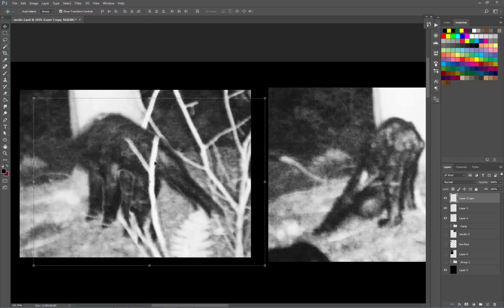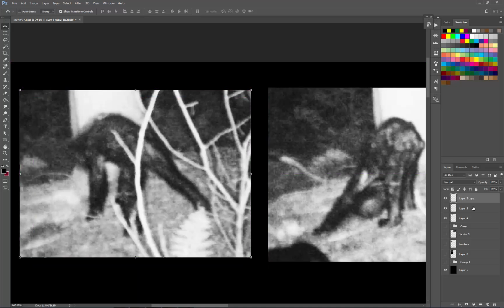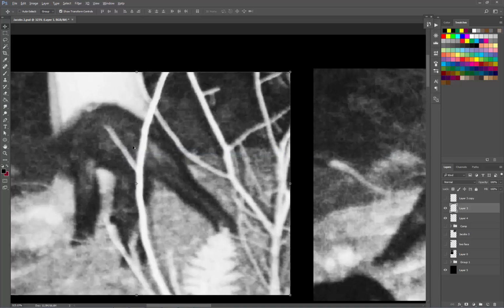So again, I've isolated this. I can click off and on here. You can see it's not much difference. It's no manipulation or anything. I'll show you in a second why I've done this. So it's off at the moment, you can't see that layer. So this is a normal image here.